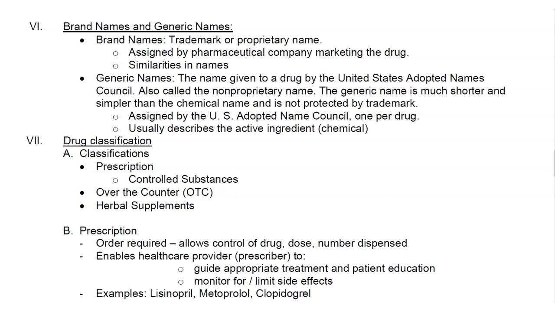And this is not protected by a trademark. So what you will notice is that drugs may have multiple brand names, but it should only have one generic name. So again, generic names are assigned by the U.S. Adopted Name Council, and there's one per drug, and usually it describes the active ingredient or chemical component of the drug.